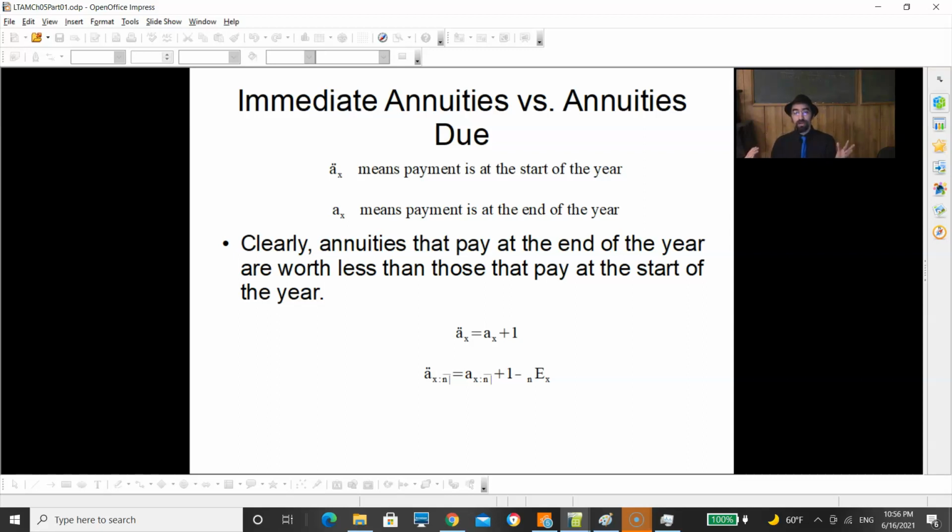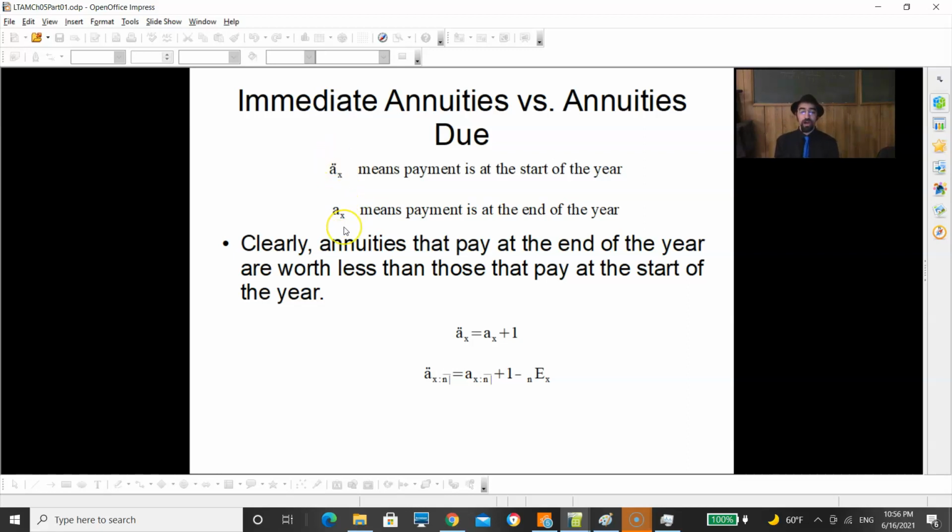In reality, for reasons I do not fully understand, the terminology is exactly the opposite. An immediate annuity means payments at the end of the year, and an annuity due is payments at the start of the year. A double dot X means payments at the start of the year. That's an annuity due. AX means payments at the end of the year.